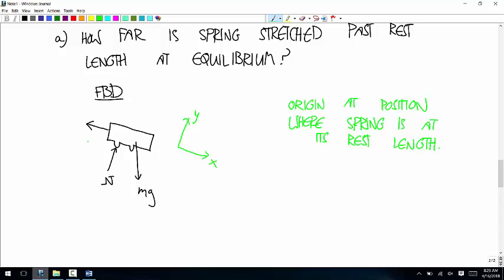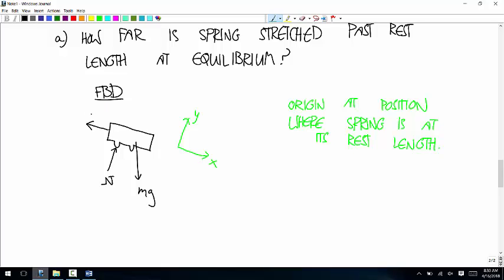And so now we have to think about the sign. If the x value is positive, the spring is stretched, the object's moving down the ramp. And if you stretch the spring, it pulls on the object. So a positive value of x means that the force is in this direction.